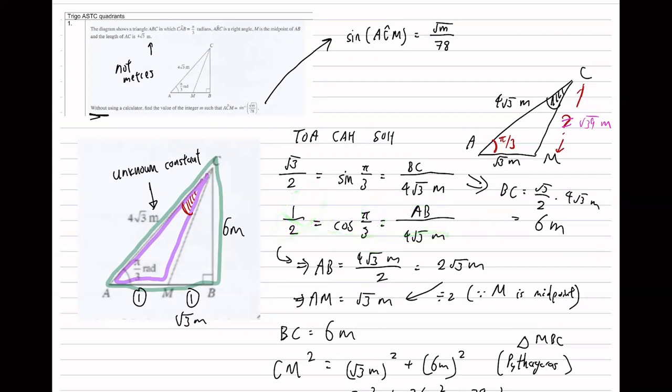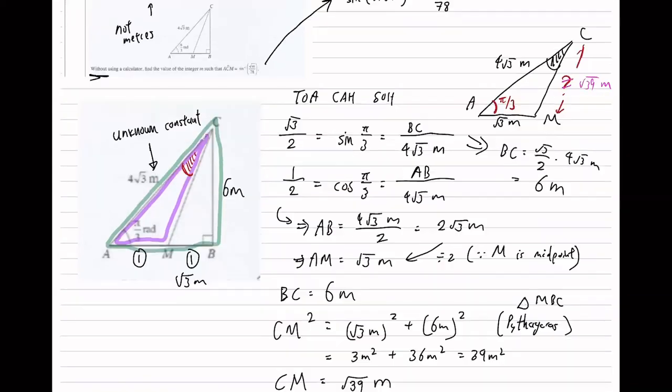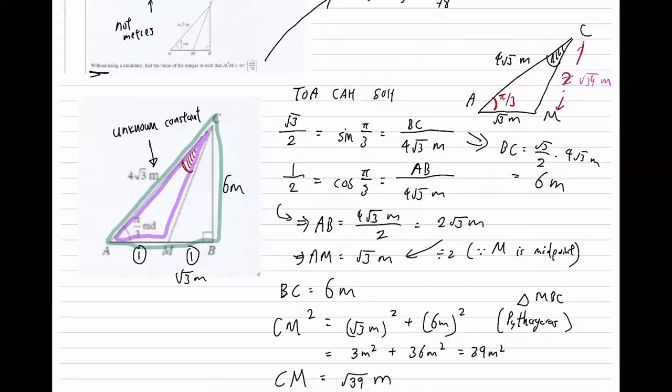Cross multiply, you get 4 root 3m over 2, which is 2 root 3m. 2 root 3m is AB. AM is half of AB, so you divide by 2 and get root 3m. So BC is 6m. Why? Oh, it's over here. Did I label my diagram wrongly? No. Root 3m there. Okay.